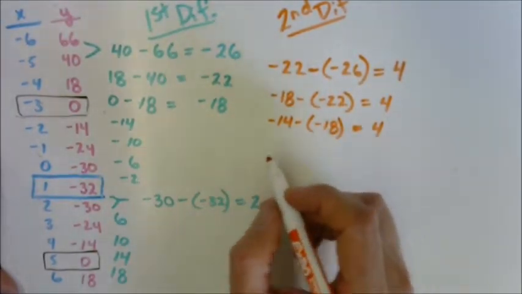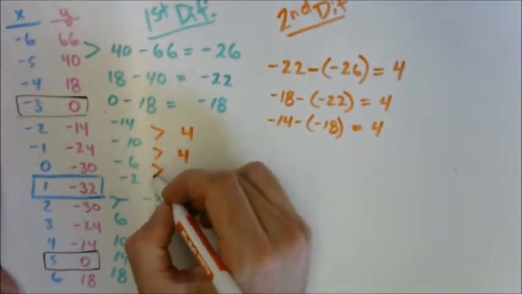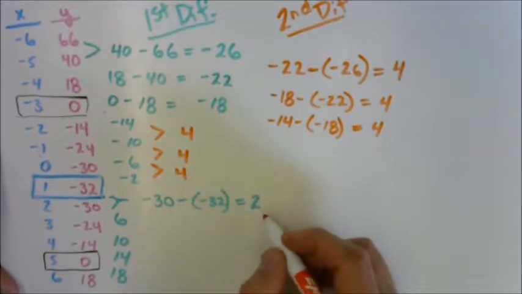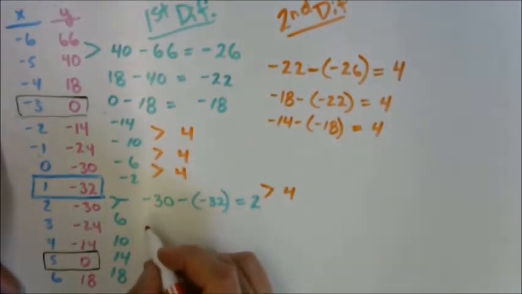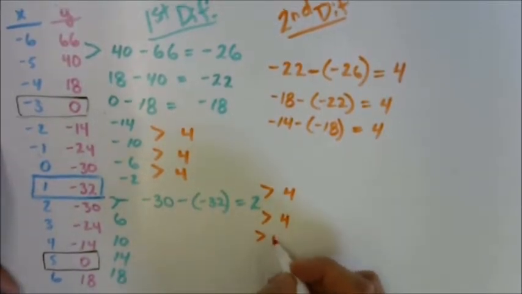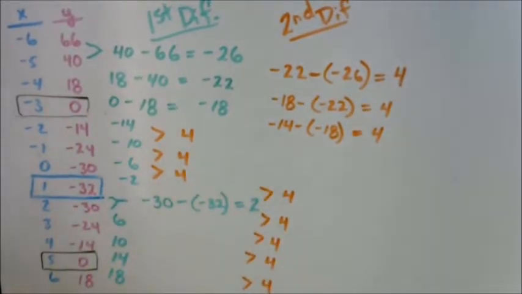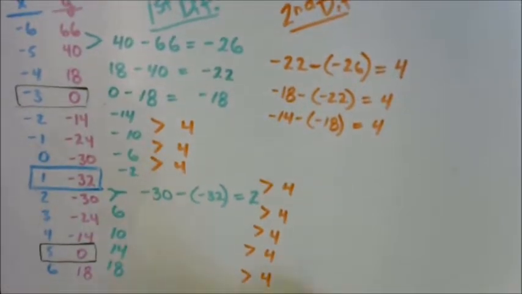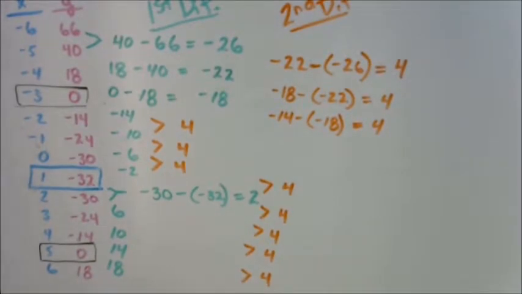And you go ahead and do the rest. Be careful when you get to negative and positive numbers. Of course you found, doing it carefully, that every single second difference was positive 4. That's because we're working with a quadratic relation.